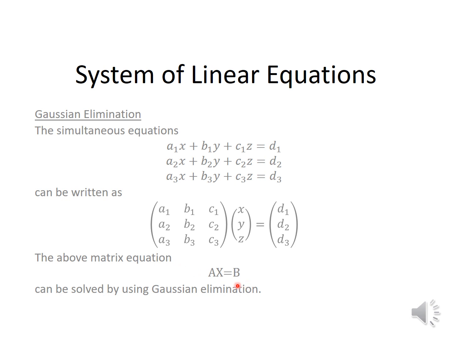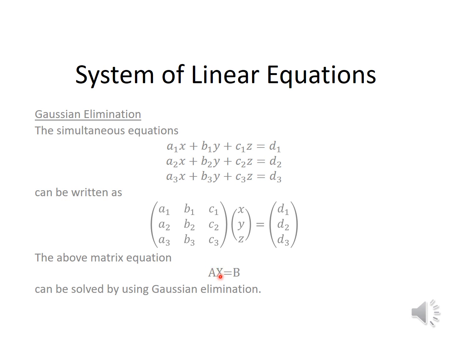Ax equal to B, where the matrix A is the coefficients of x, y, and z for each equation. The size of the matrix A is a 3 by 3 matrix.